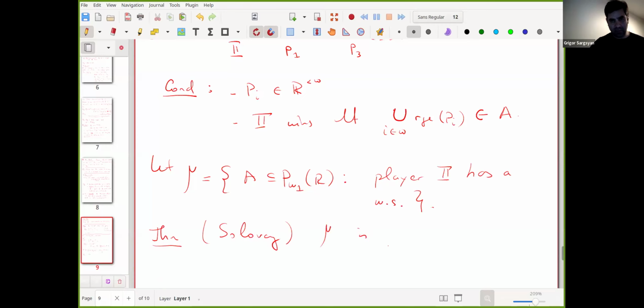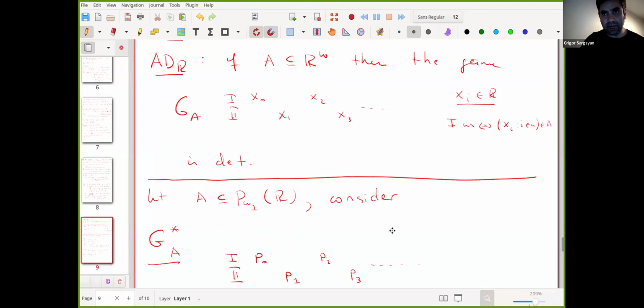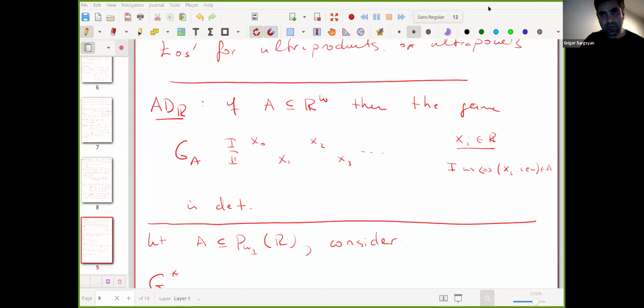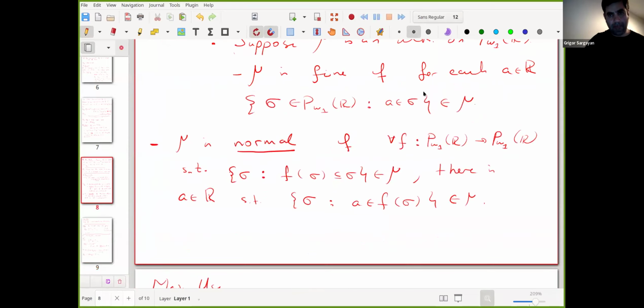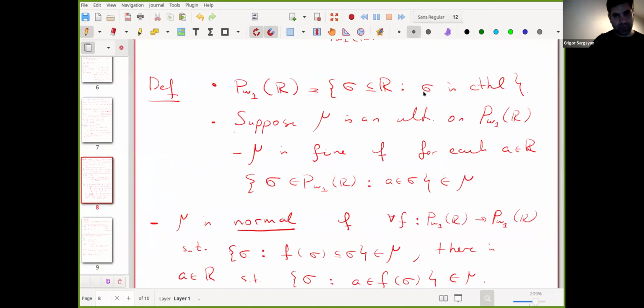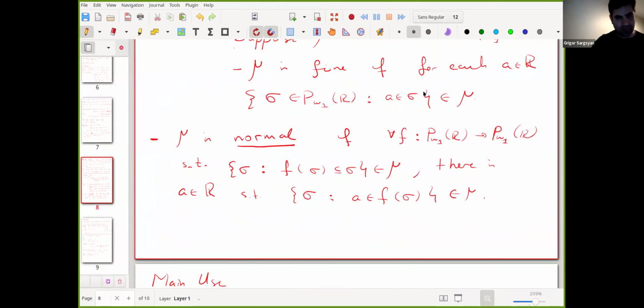Mu is... oh, I didn't say that's a supercompactness measure.